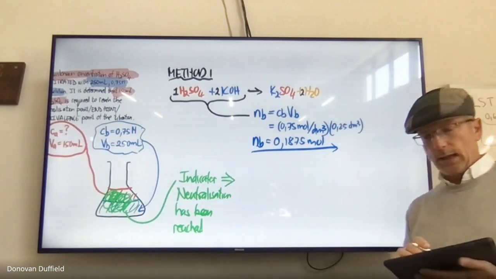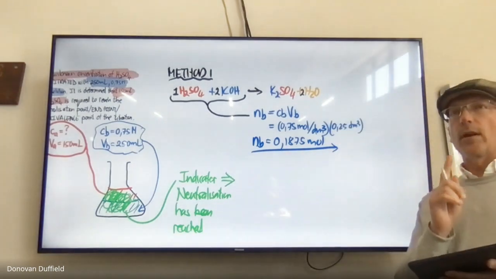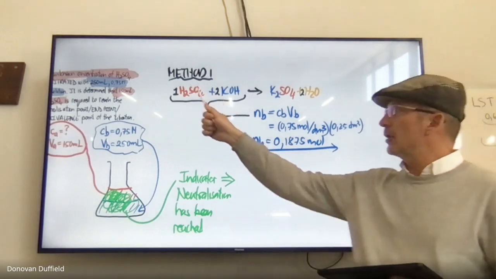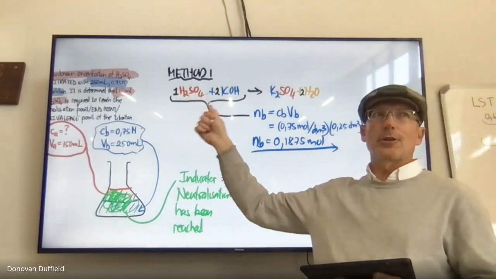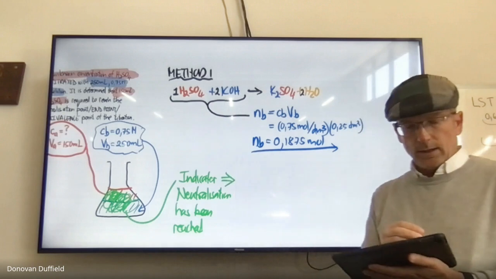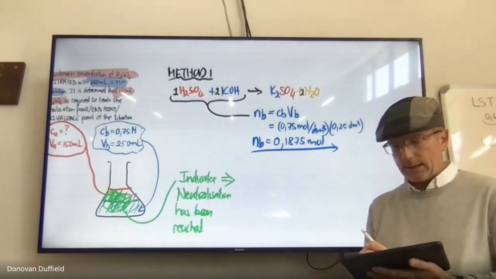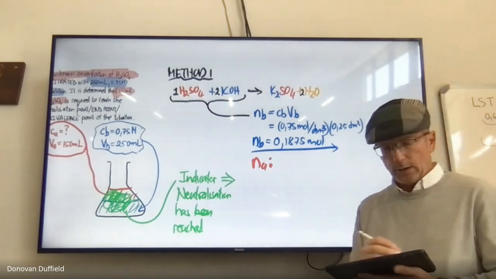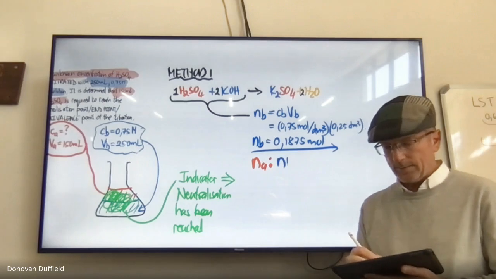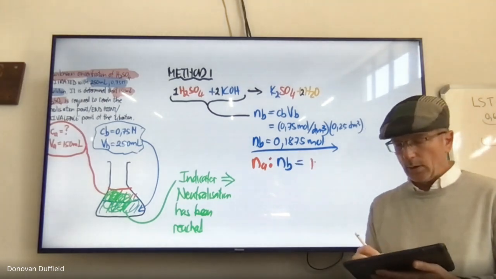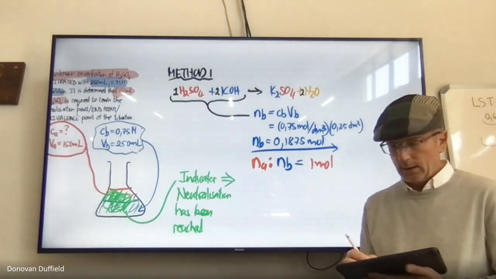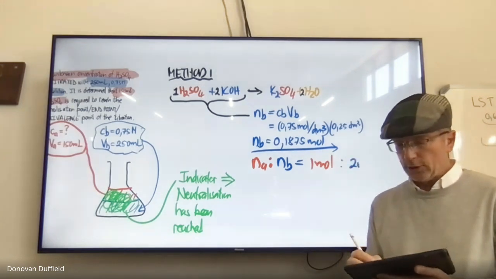Okay. Now, this is where it becomes very important. You need to look at the molar ratio. The number of moles of acid to the number of moles of base is a 1 mole to 2 mole ratio.